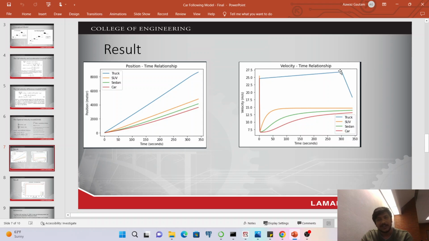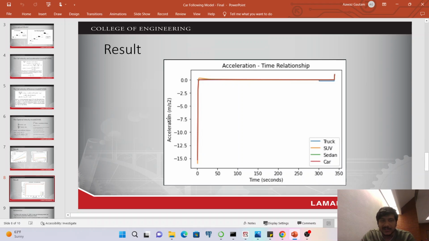Then it suddenly brakes for 40 seconds, and at that time the truck's speed was 40 mph. This shows time versus velocity of the truck, SUV, sedan, and car.